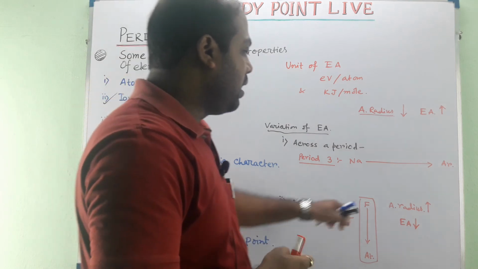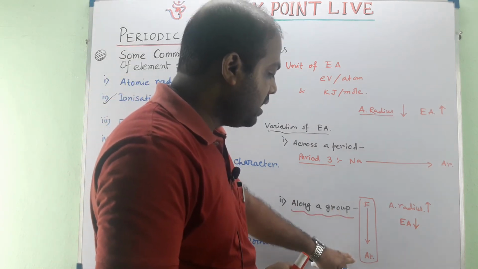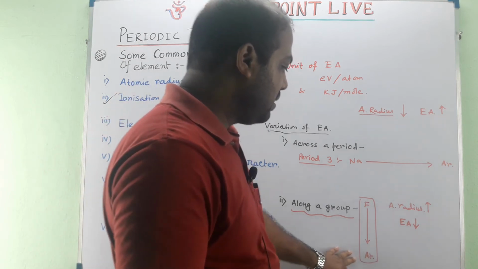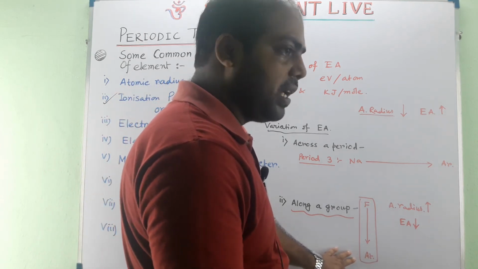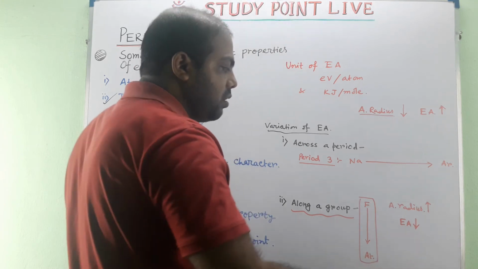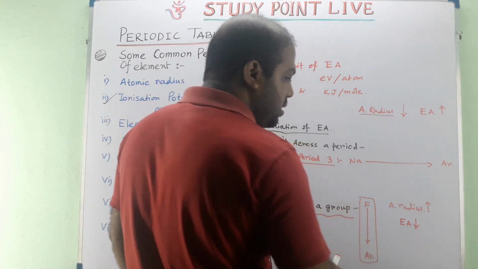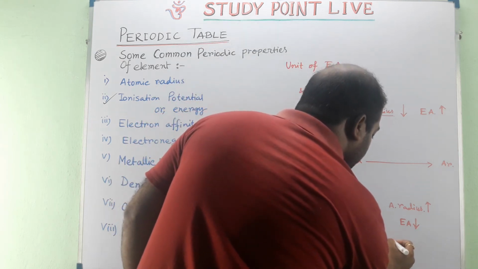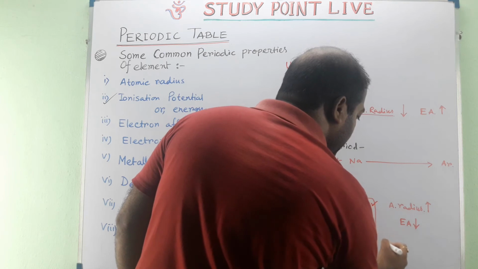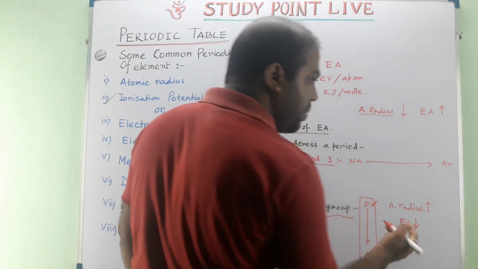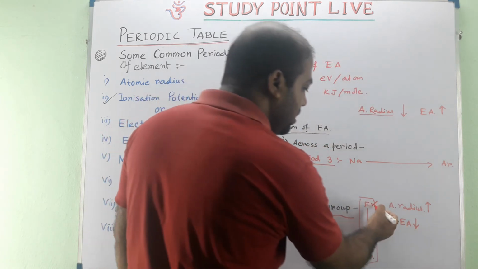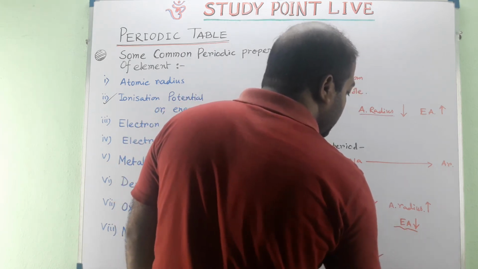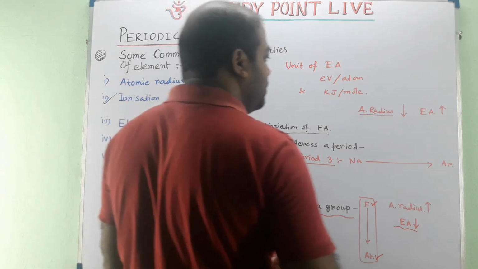Since the distance between the nucleus and the last orbit increases, the upcoming electron is far from the nucleus. That's why for fluorine, the attraction power between the upcoming electron and the nucleus is greater than that of astatine. That's why electron affinity decreases along a group.